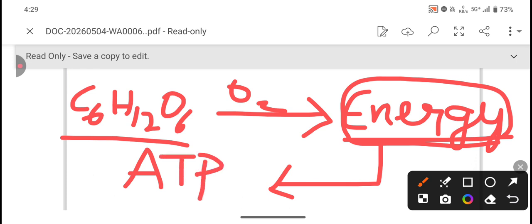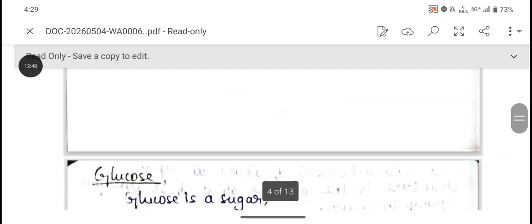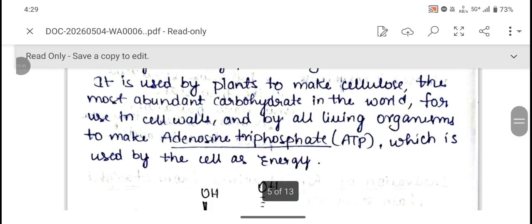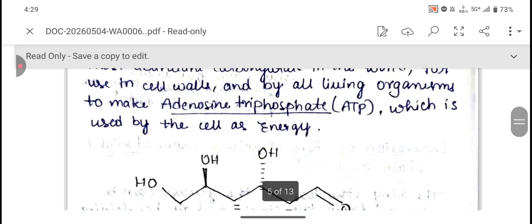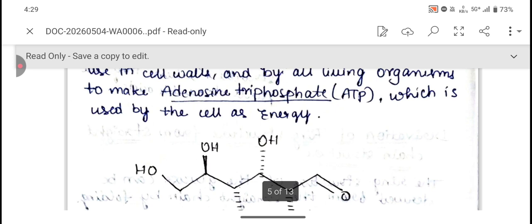So the carbohydrate glucose actually serves the purpose of producing ATP, which is the energy currency of the cell. This ATP will be used by the cell as energy. Whenever energy is required by the body, this stored form of energy, ATP, will be broken down to generate energy and it will be consumed by the cell.